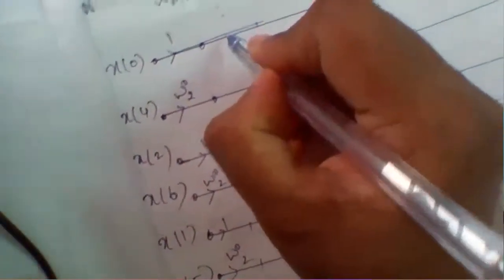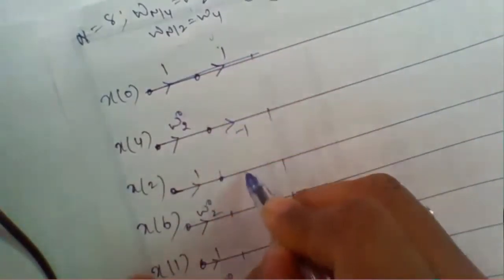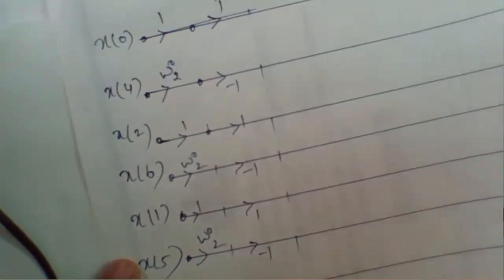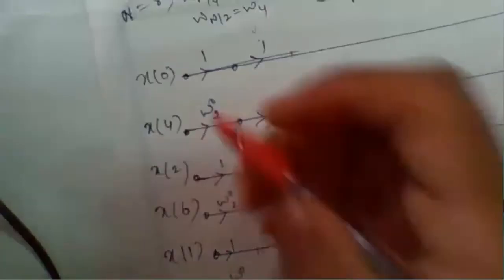Here you have to write all the twiddle factors on the left side. In the first stage we have observed 1, minus 1, 1, minus 1 alternatively. Next you join the branches.